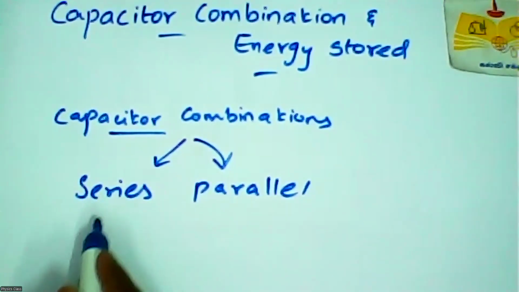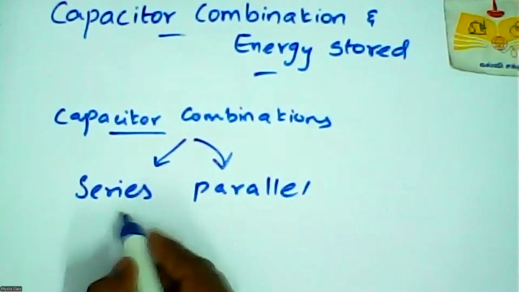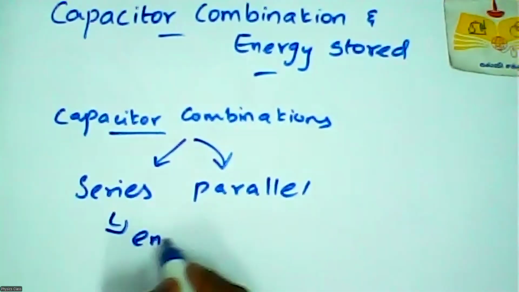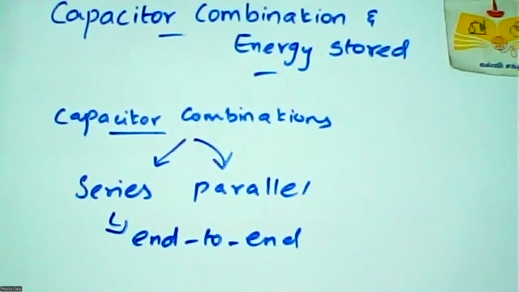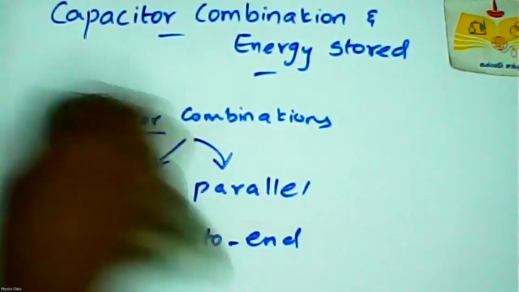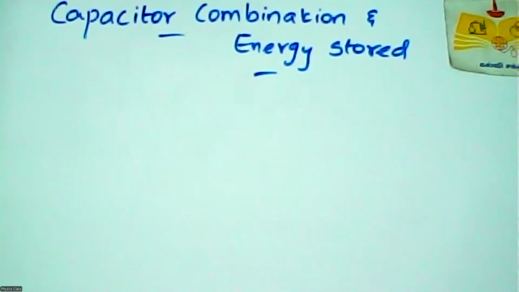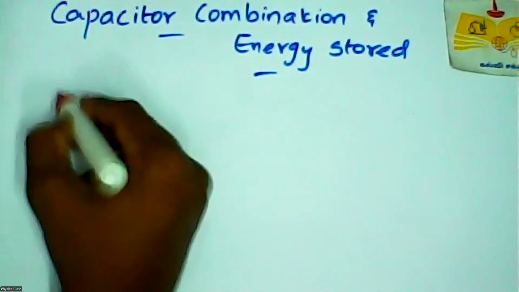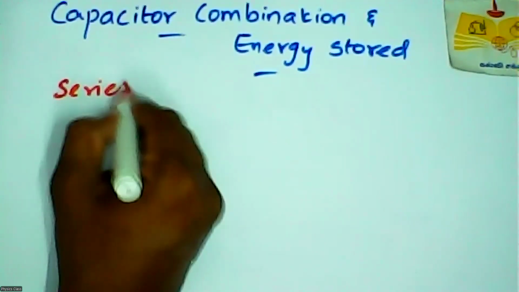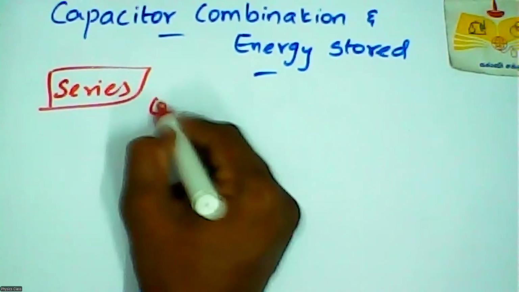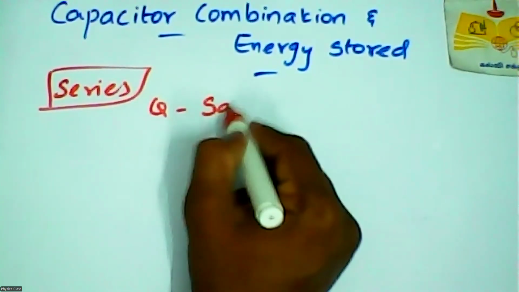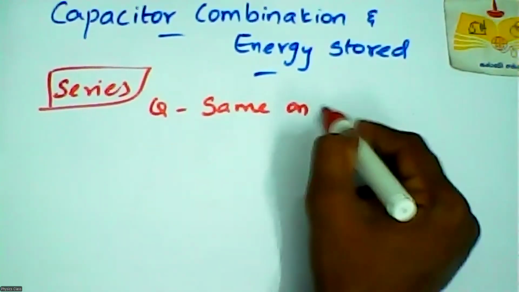In series connection, capacitors are connected end to end. In the series connection, the charge is the same on each capacitor.